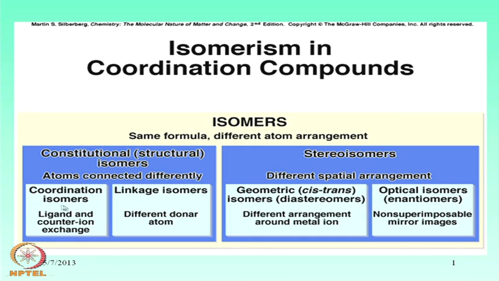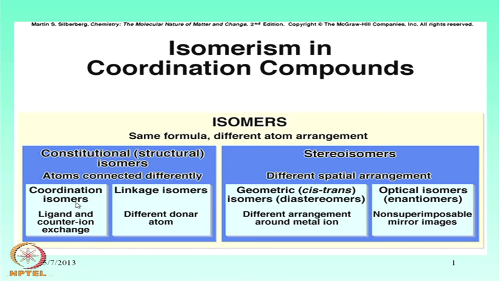So, in the first case, when the atoms are connected differently, that means different atom arrangement, we get the coordination isomers, and the coordination isomers have a very basic definition: they are related to the formation of the coordination compound itself, where the ligand and the counter ion exchange, and we get the corresponding coordination isomers.